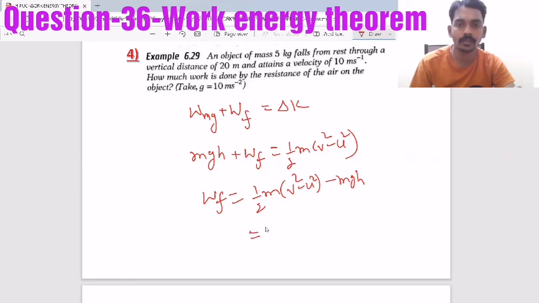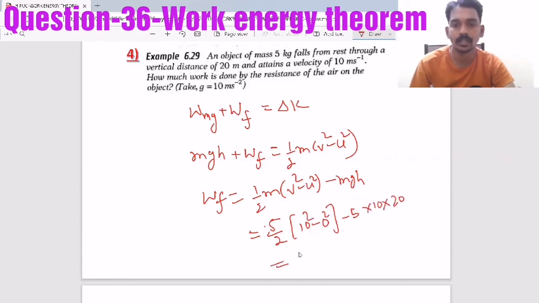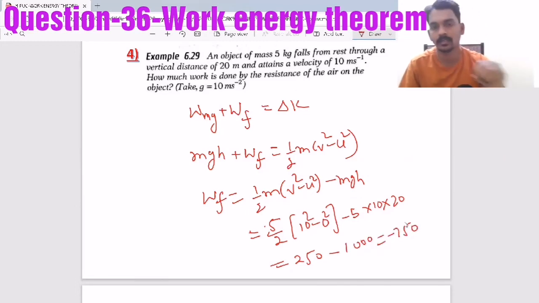Now m is 5 kg. So that is 5 by 2 into v square, 10 square, minus starting from rest, minus 5 into g into falling from height 20. So that is 250 minus 1000, so minus 750.